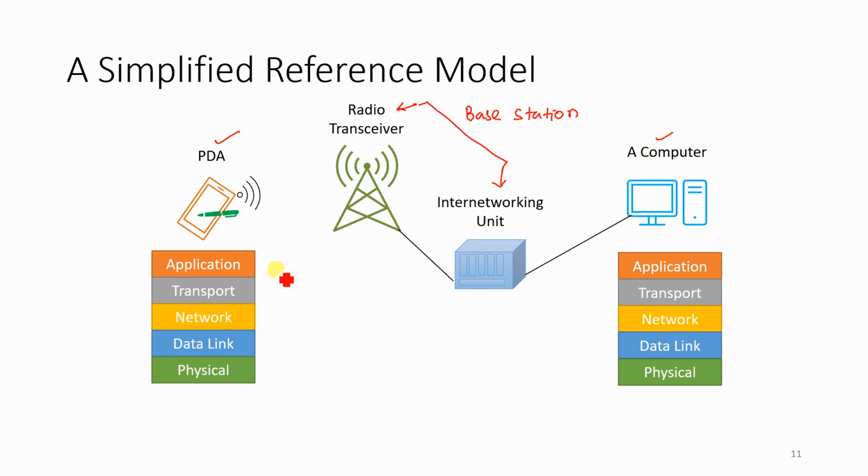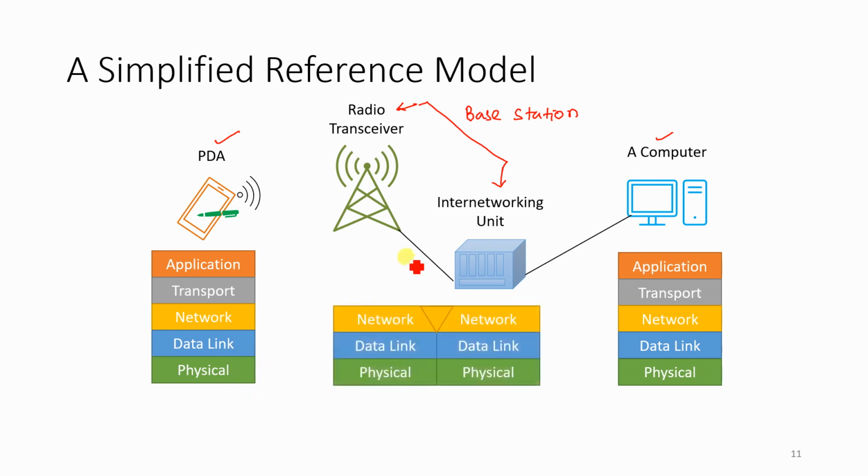They both work on all 5 layers of TCP/IP, but the intermediate device, which is the base station, works on 3 layers: physical, data link and network layer. The connection between the PDA and your base station will be a radio medium, that means a wireless medium, and from the internetworking device to the desktop computer, we can use any physical medium, or wired medium.